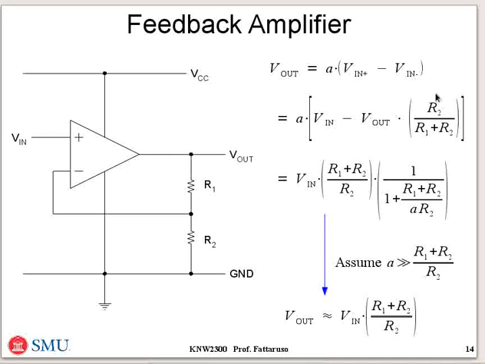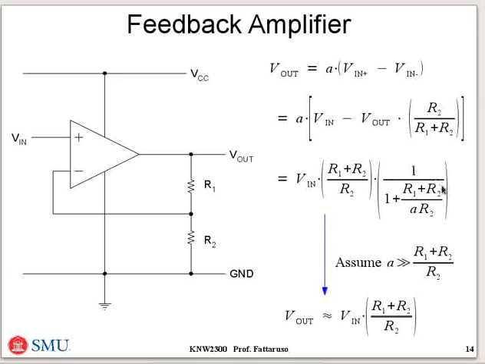So I put in the voltage divider formula here using the op-amp output as the input to the voltage divider. And then with a little bit of algebraic manipulation, I encourage you to verify that this is a true relationship here. We can manipulate this expression so that the output voltage is given by the input voltage times a factor which is a ratio of resistances in the circuit times this other term here.